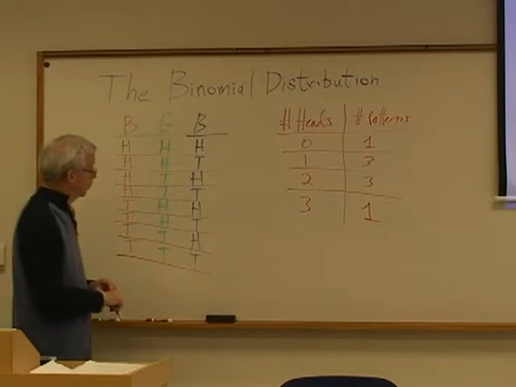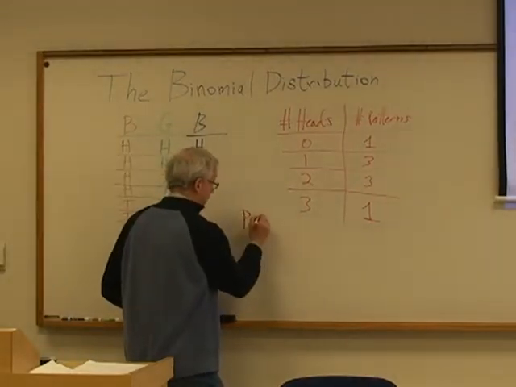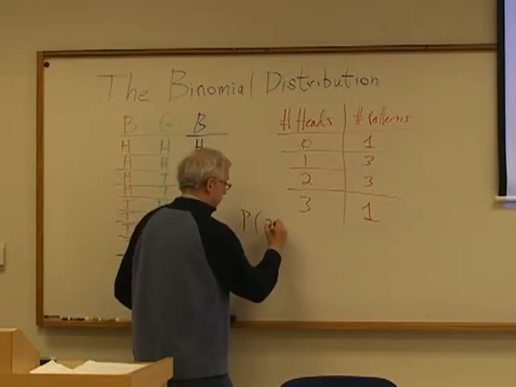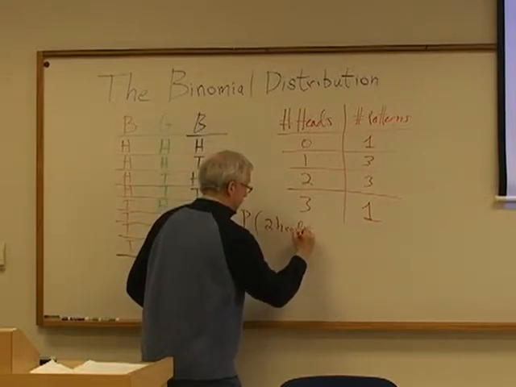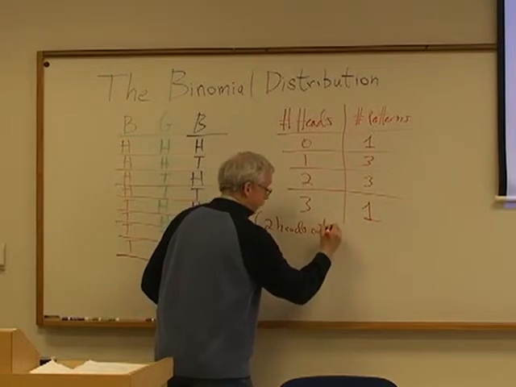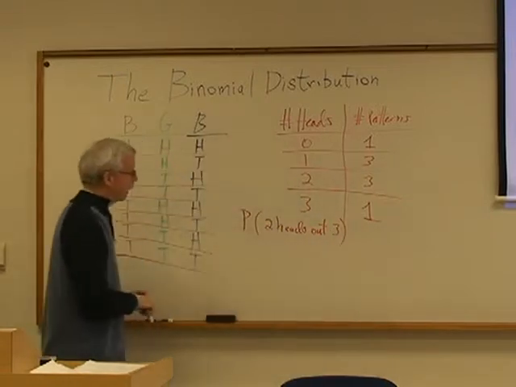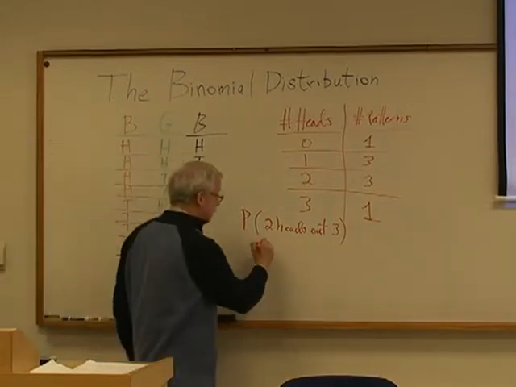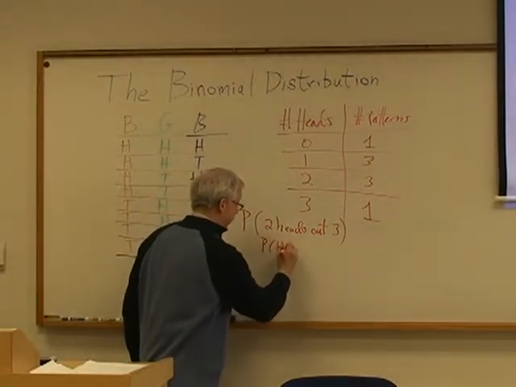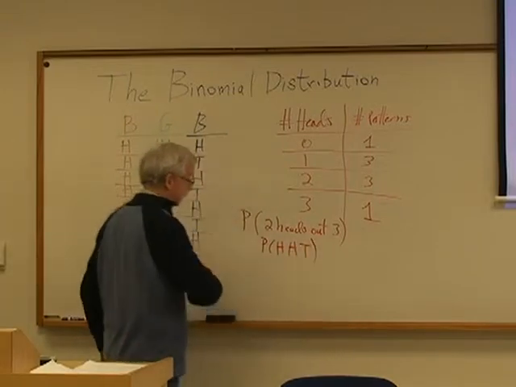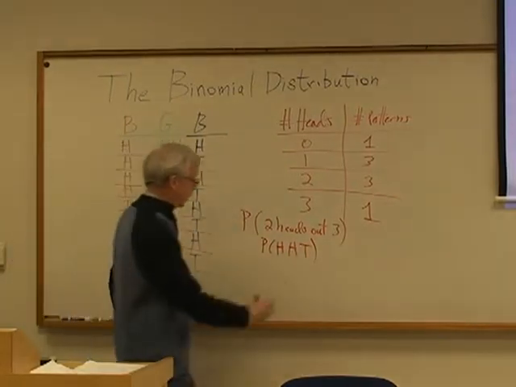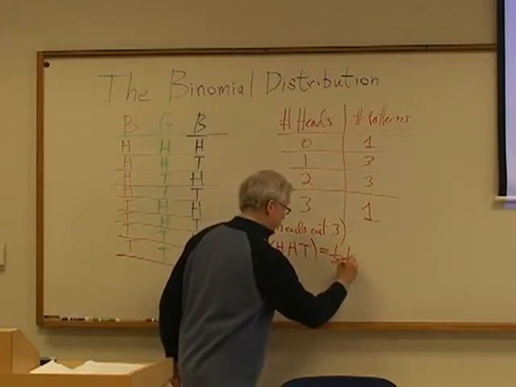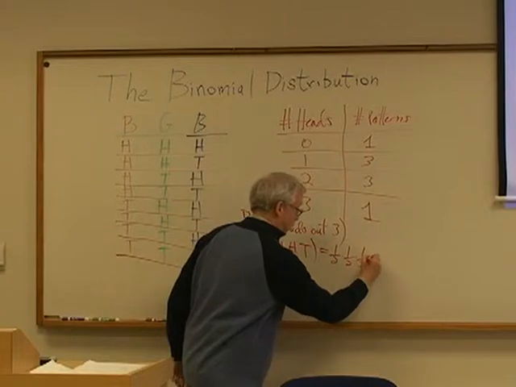So now if we ask about the probability of getting 2 heads out of 3 tries, well, again, I can pick any one of these, like the probability of heads, heads, tails. With my fair coin, I know that's going to be 1/2 times 1/2 times 1/2, or 1/8.